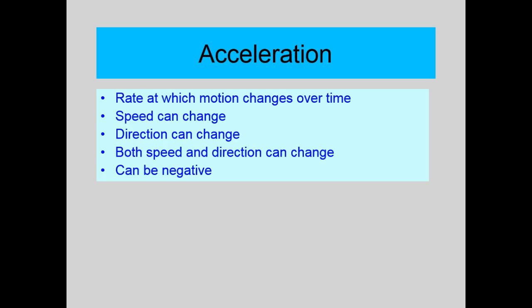A bicycle moves from rest to 5 meters per second. Notice they didn't give us much precision on this. In 5 seconds. What is the acceleration?